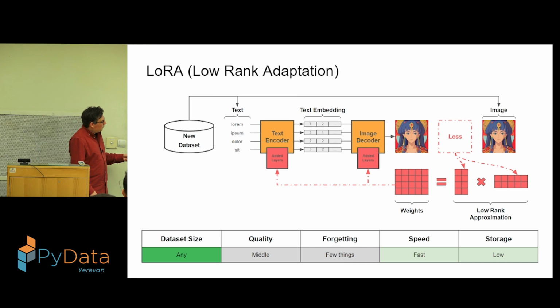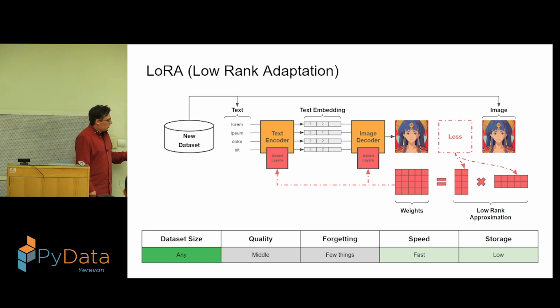The quality is a middle, because we're restricting our generation possibilities in two ways. We train only the added layers, but also we're decreasing the amount of weights significantly, and this is of course lowering our quality in general.